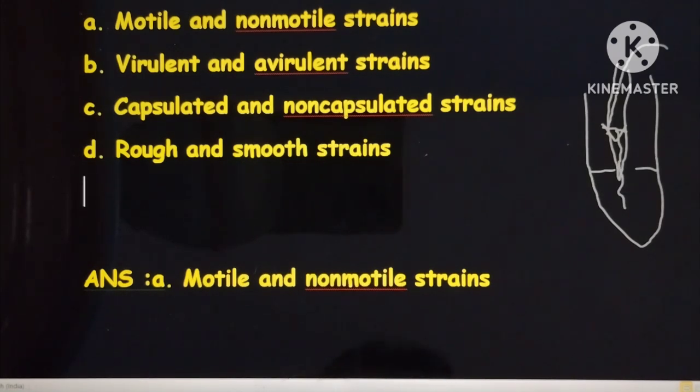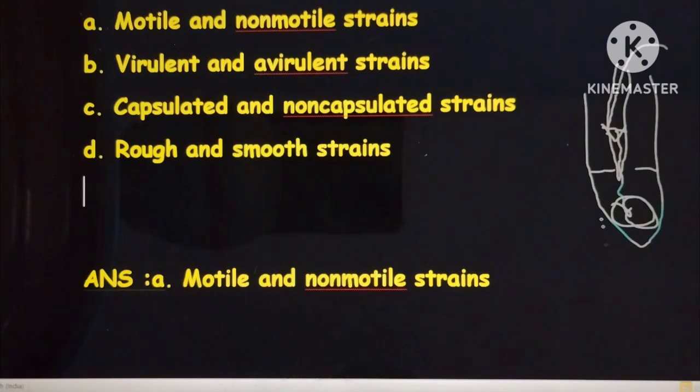We will take the culture from the outer tube area, and we will subculture it, and we can identify the organism.